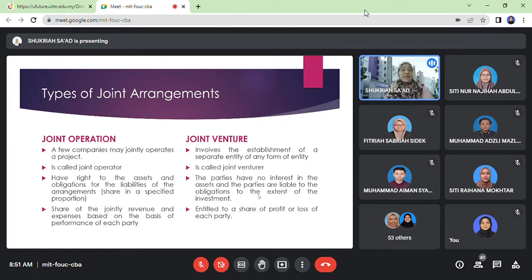Normally, they call this company a consortium, just for the purpose of handling whatever matters are related to the project. Because they have another separate entity, the members involved in a joint venture are called joint venturers.